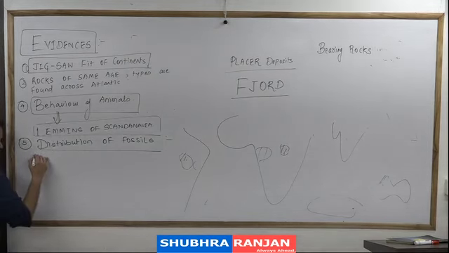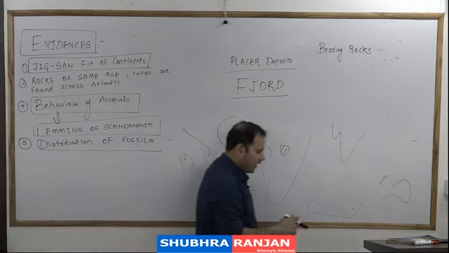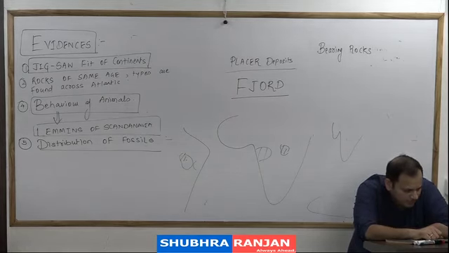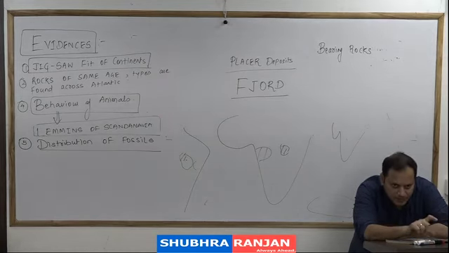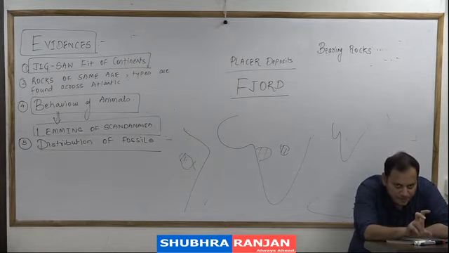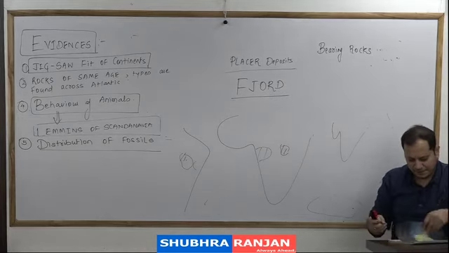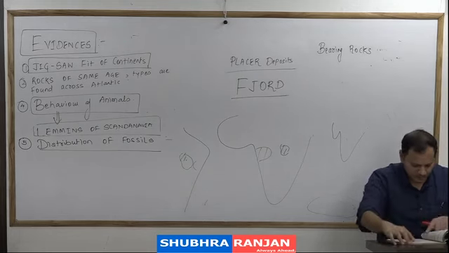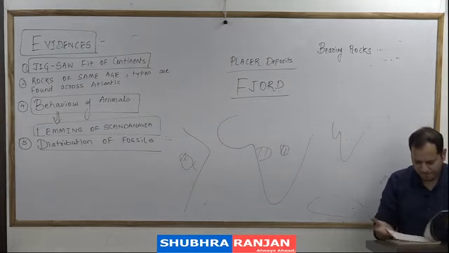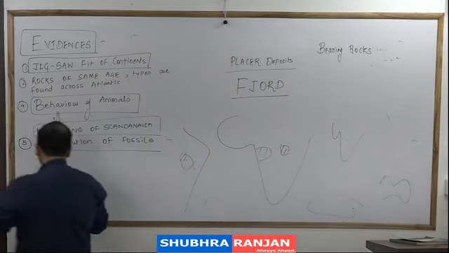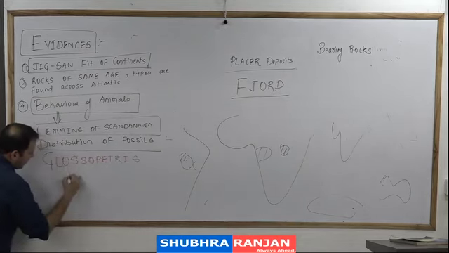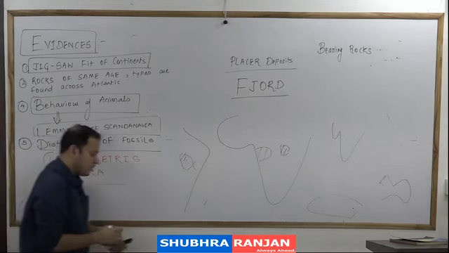That is, many fossils of flora and fauna are found in Brazil, Africa, peninsular India, and Australia. Example is Glossopteris flora.